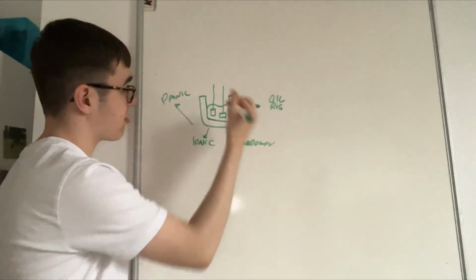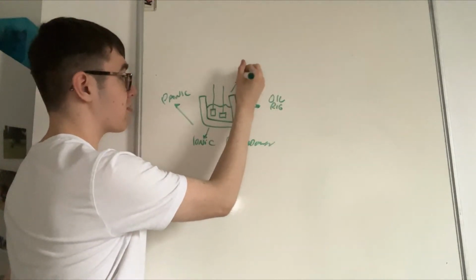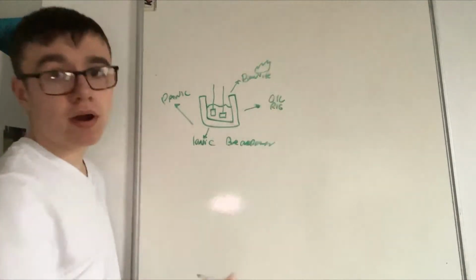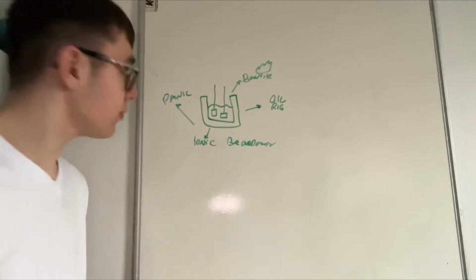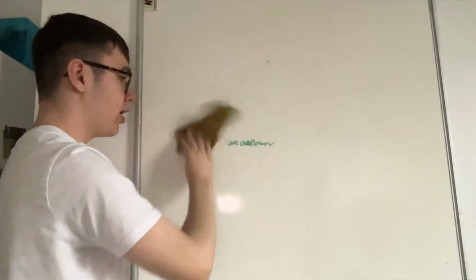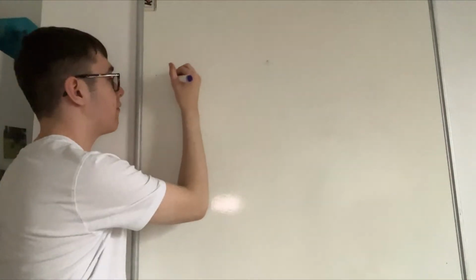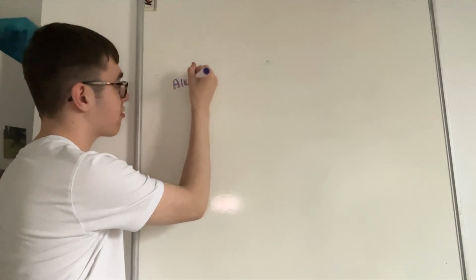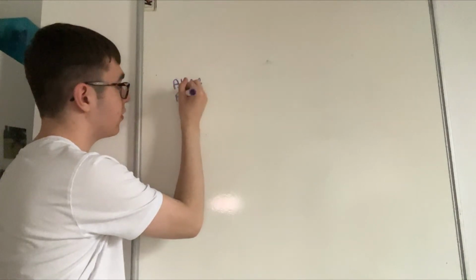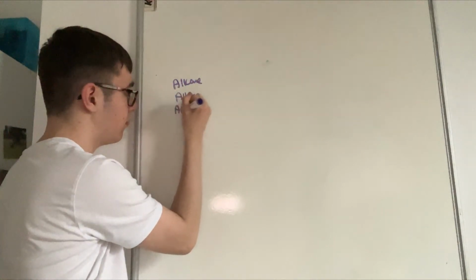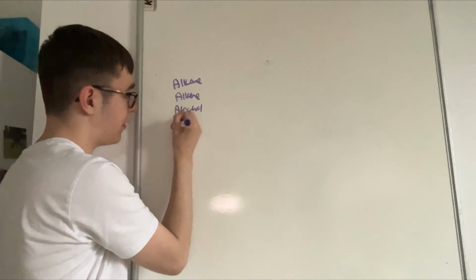I'm just jotting down some ideas here. Obviously, bauxite, molten cryolite. You guys get the deal. In terms of organic chemistry, you obviously have your alkane, alkene, alcohol, and carboxylic acid.